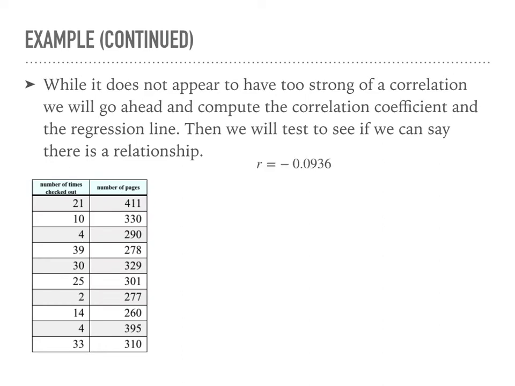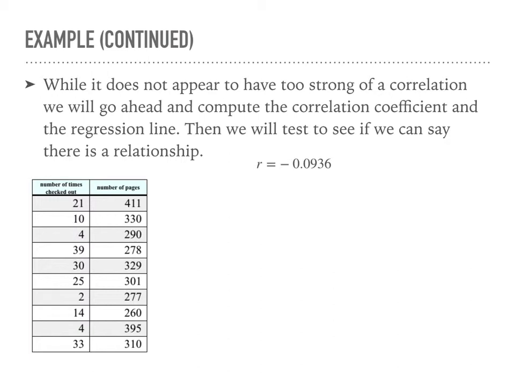So again, there's our data. Using the Lin-Reg t-test on your calculator, we would find that r equals negative 0.0936. Now again, we found this r by using the Lin-Reg t-test, and this is found by going to Stat on your calculator, over to Tests, and then scrolling down. It is towards the bottom of the list.